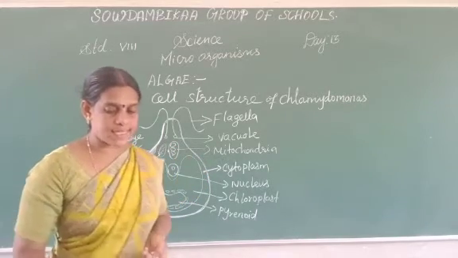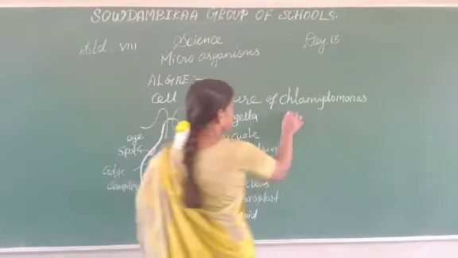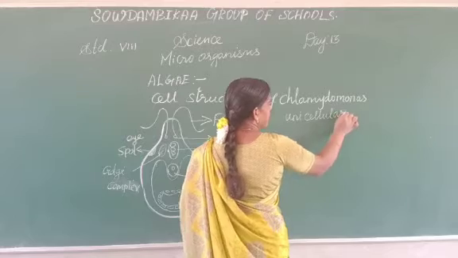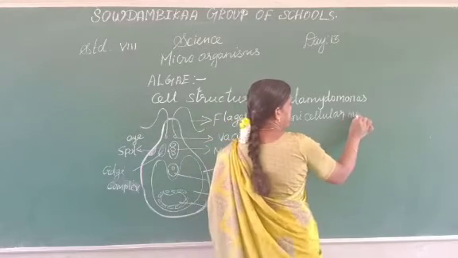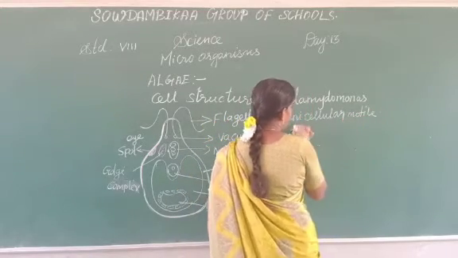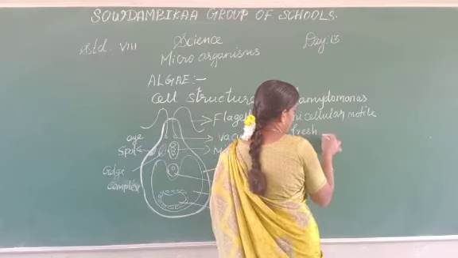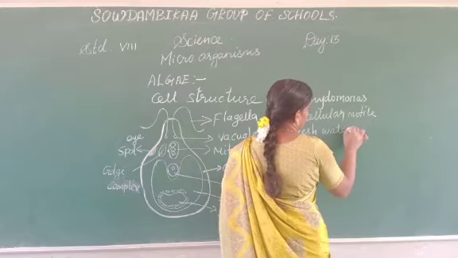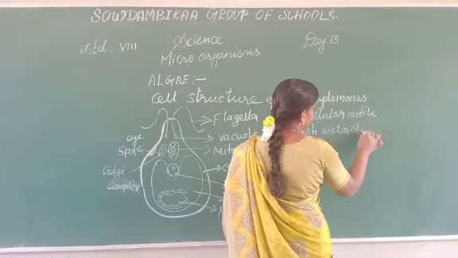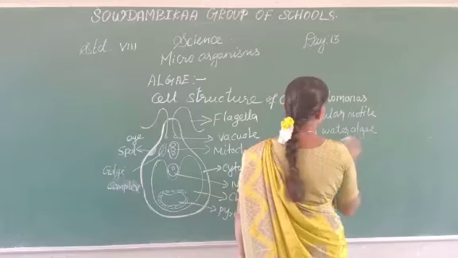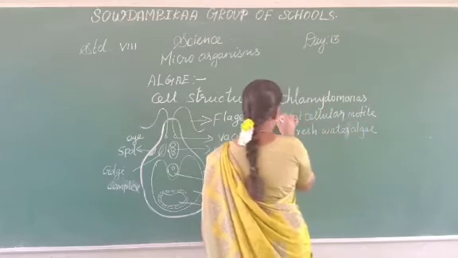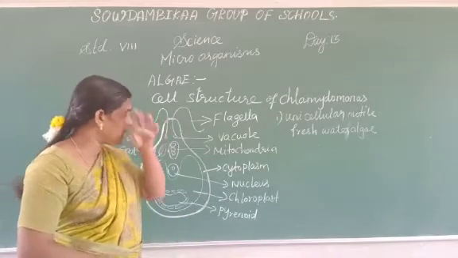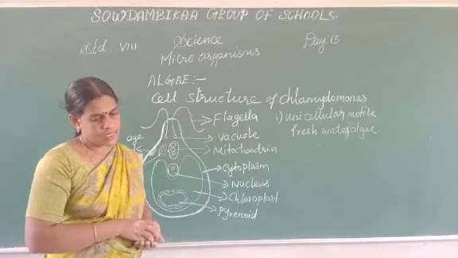It is unicellular. What is the first point? The alga Chlamydomonas is a simple unicellular motile freshwater alga.